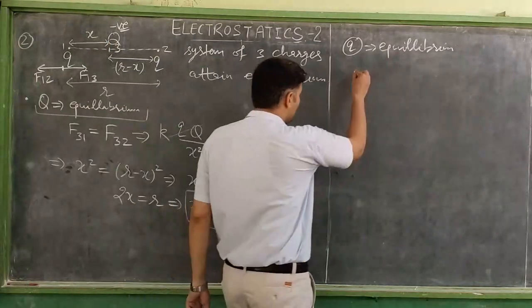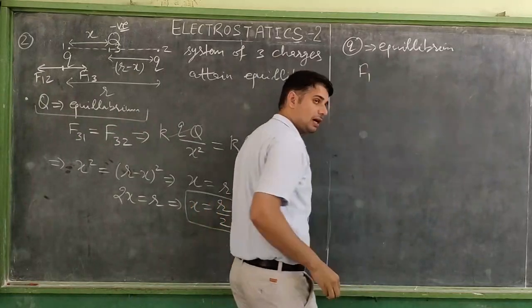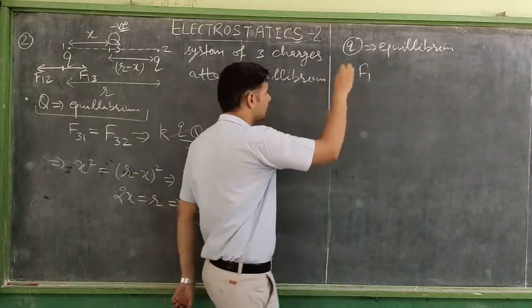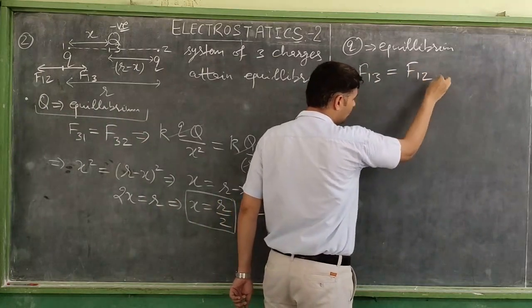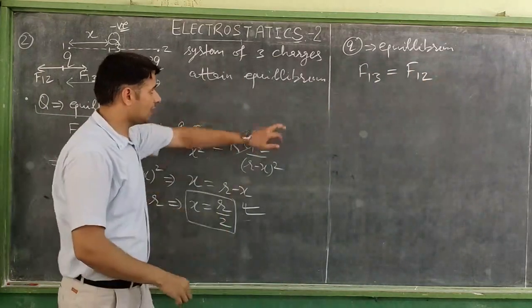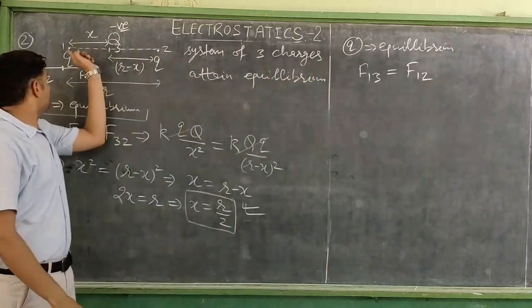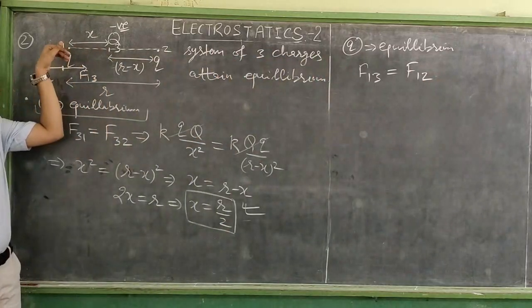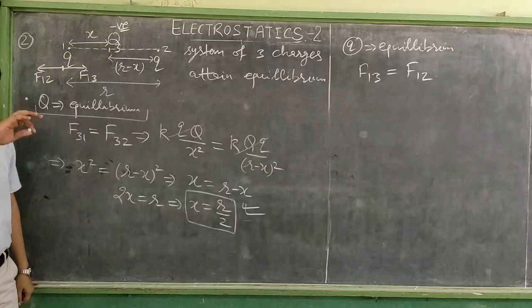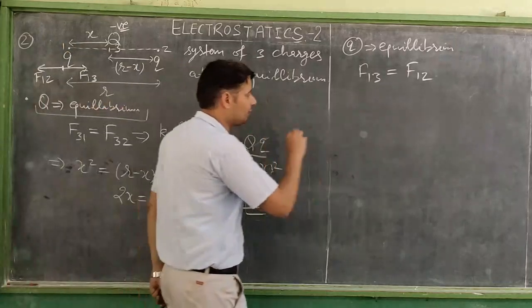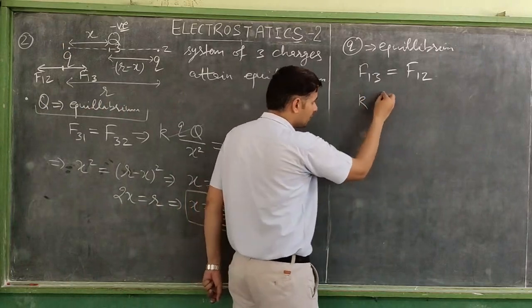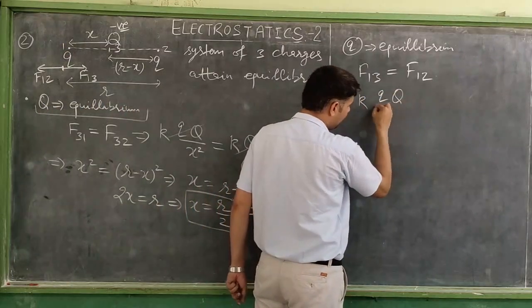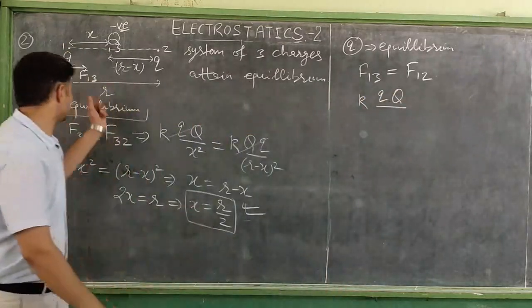So that is, the force on the first due to the third should be equal to the force on the first due to the second. That is, we are using that this point charge q located at point 1 should get equilibrium. So F13 is K small q capital Q divided by, how much is the separation?